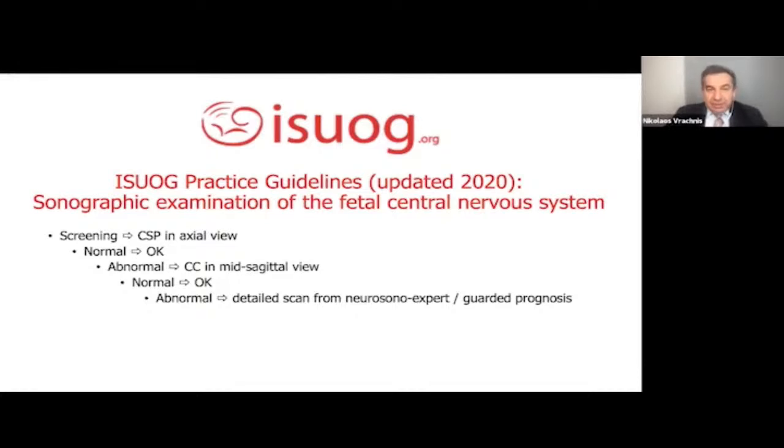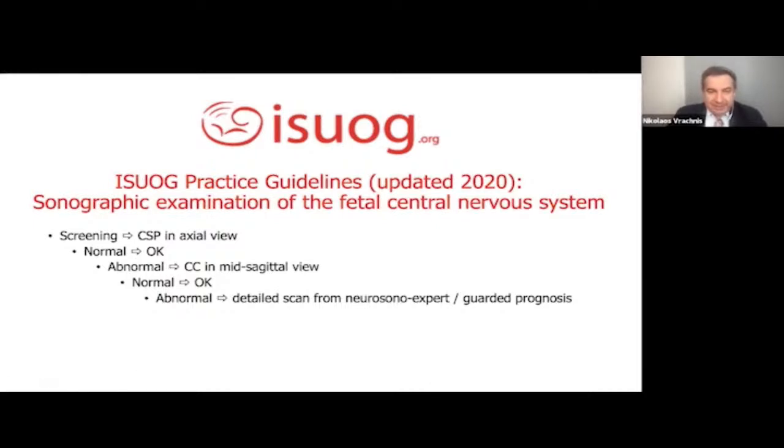This is an ISUOG guideline updated in 2020, the sonographic examination of the fetal central nervous system. So in the screening, we need to do an axial view and check the CSP. If the CSP is normal, then we move to assess the other structures of the brain. If it is abnormal, then we have to check the CC in mid-sagittal view.